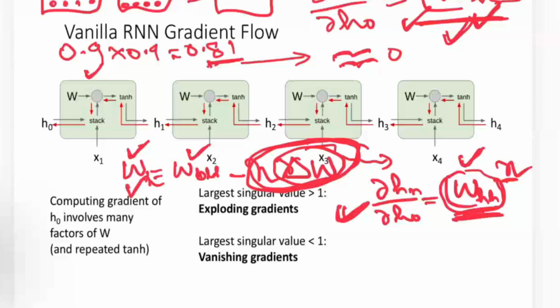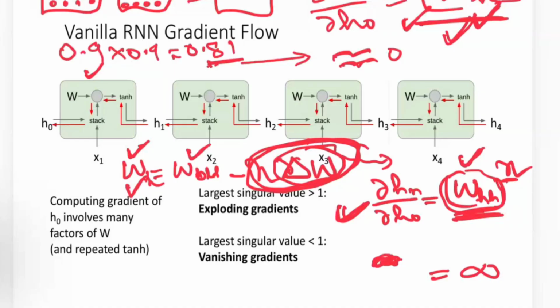If you have a very large value and you are multiplying that value n number of times, or you are putting the power n on that value, then what will happen? It will approach infinity, because multiplying a large value with a large value gives you an even larger value every time.